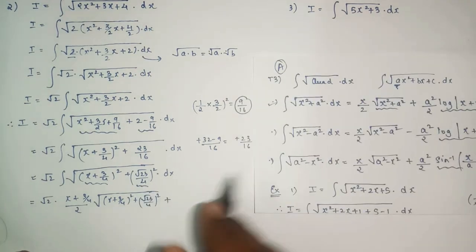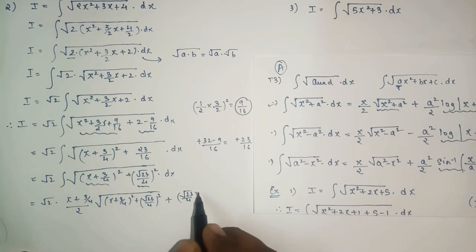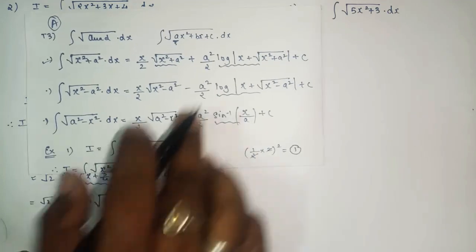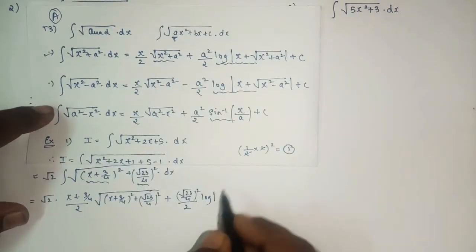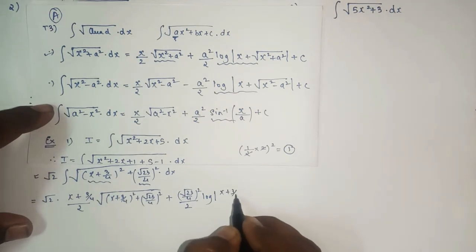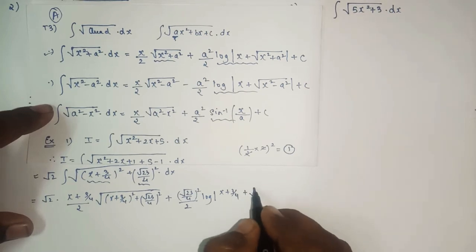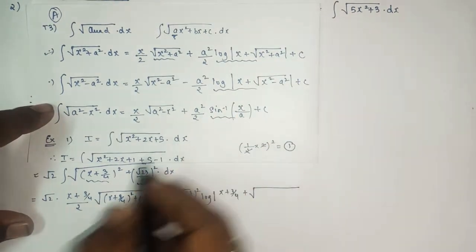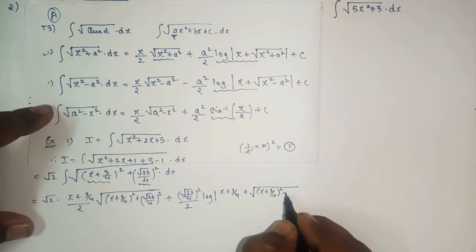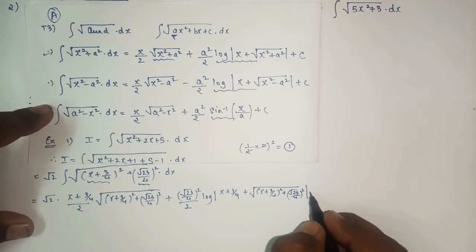So here a square is what? Root 23 upon 4 the whole square upon 2 log mod x. So x is what here? X plus 3 by 4 plus root the same section, so this part will come: x plus 3 by 4 the whole square plus root 23 upon 4 the whole square, mod closed and plus c.